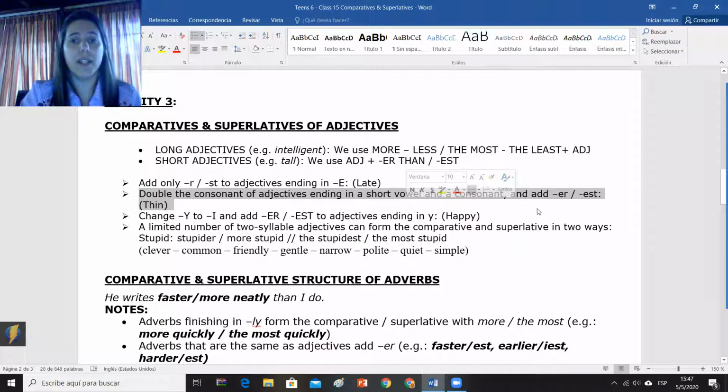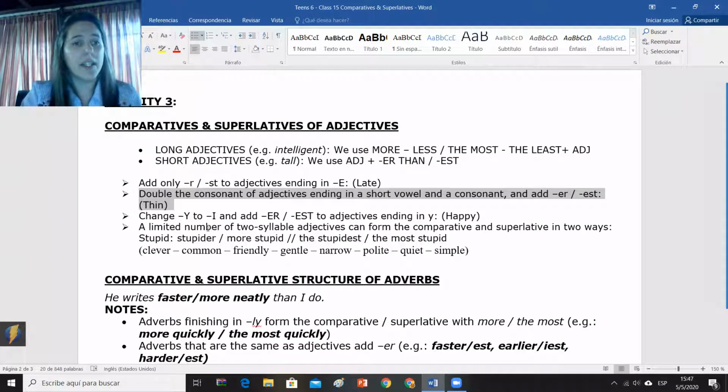But the idea is that the adjective needs to have this consonant, vowel, consonant. If you have an adjective that ends in y, as in happy, you're going to change the y to i, and then you're going to add er or est.